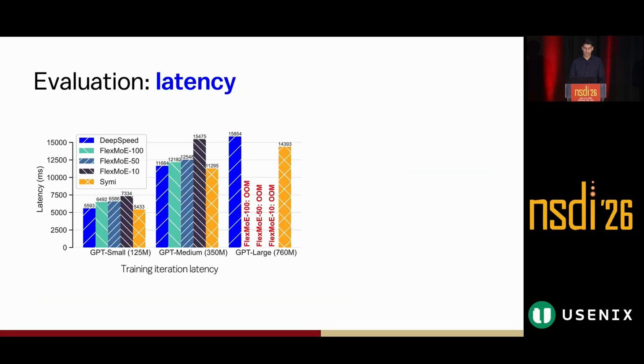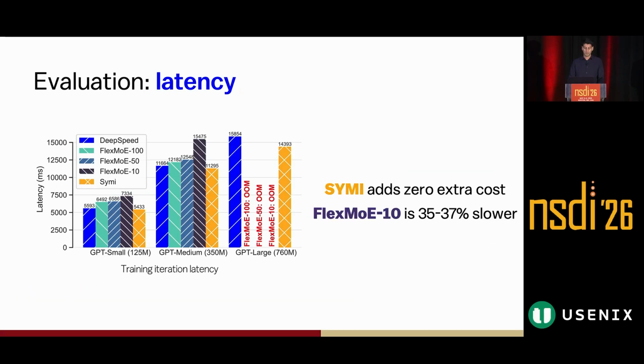And for the last result, I will show some latency numbers. Here, SYMI with the yellow bars is able to have very close latency to DeepSpeed. Actually, it's even a little better, and this is because of various optimizations that we do, which I invite you to take a look at the paper to check.